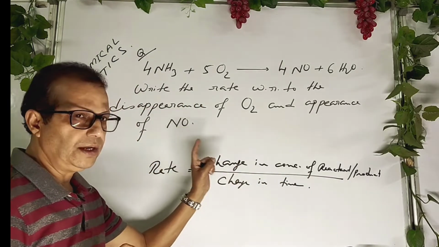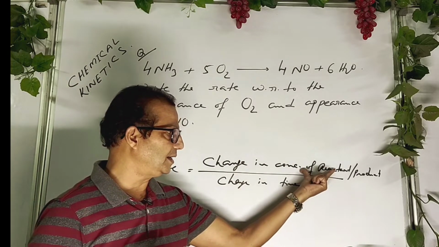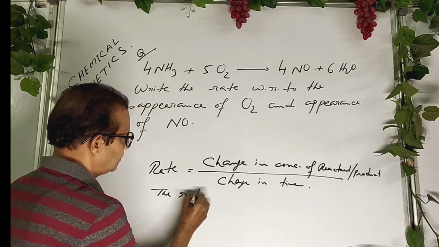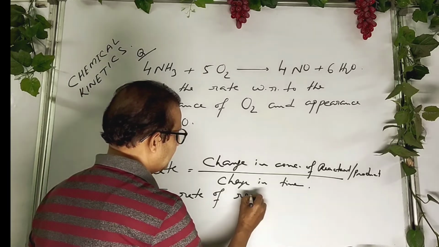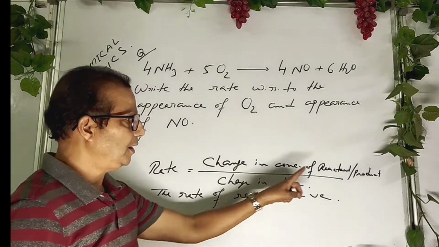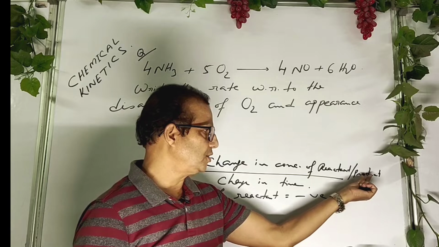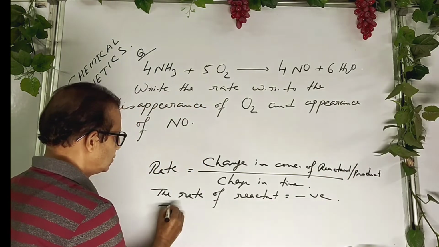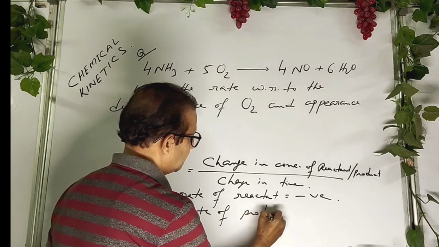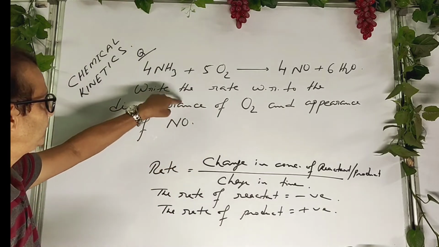You know that during a reaction, the concentration of reactant decreases. That's why the rate of reactant is negative. And you also know that during a reaction, the concentration of product increases, so the rate of product is positive.